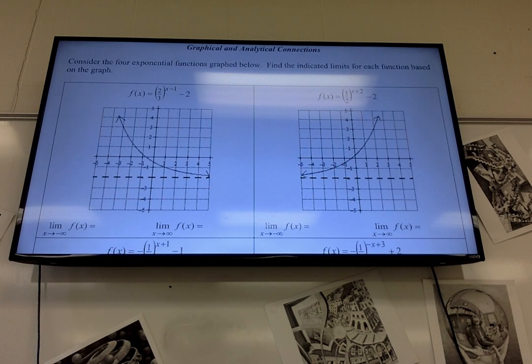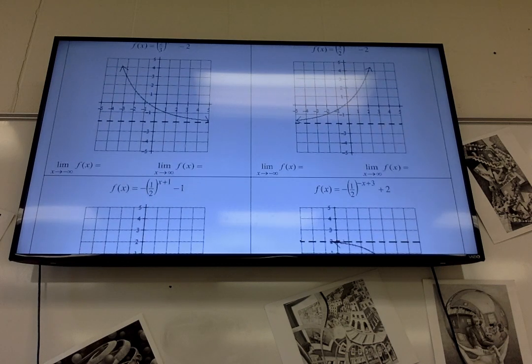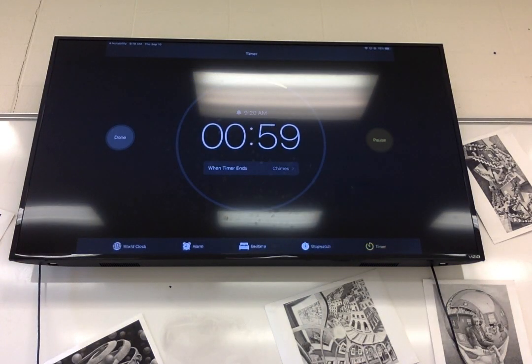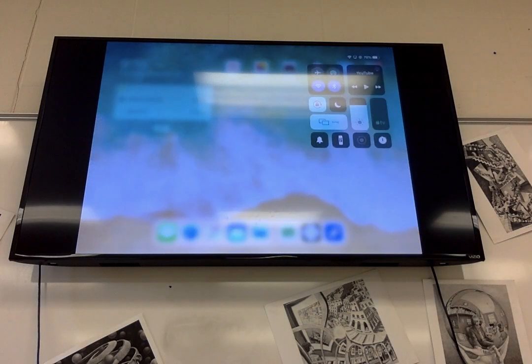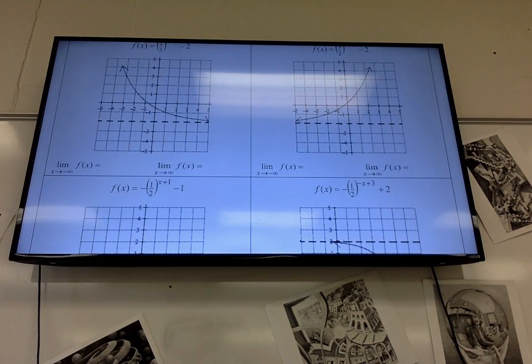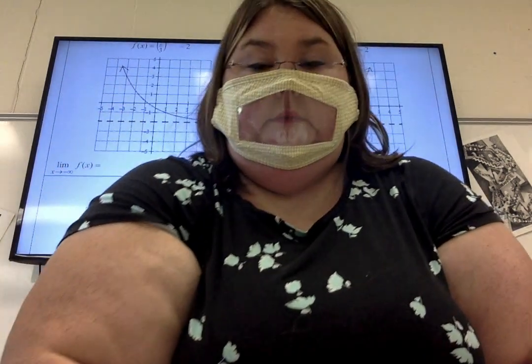There are 8 limits, 2 in each box. Go ahead and do all those limits, just using the picture.